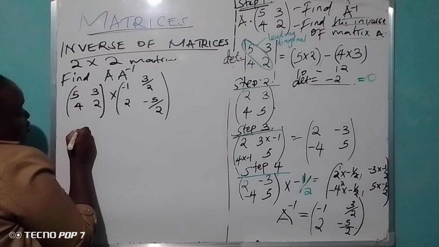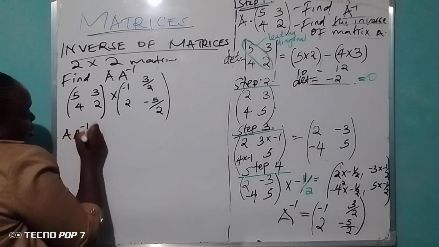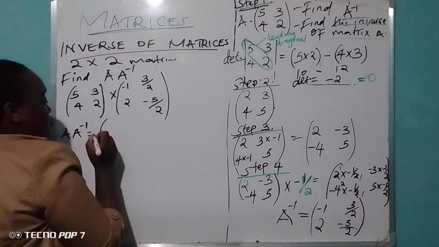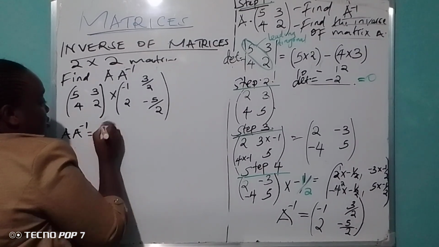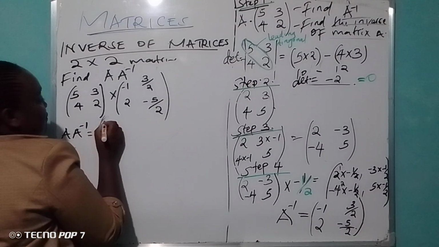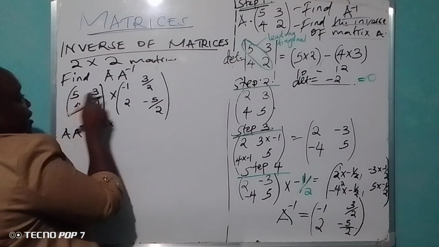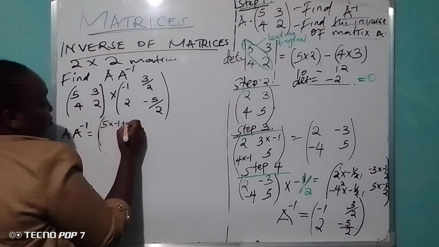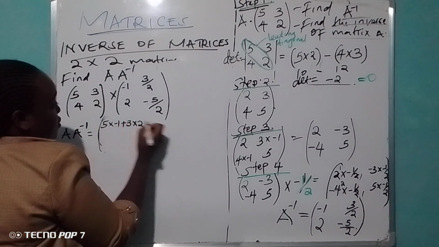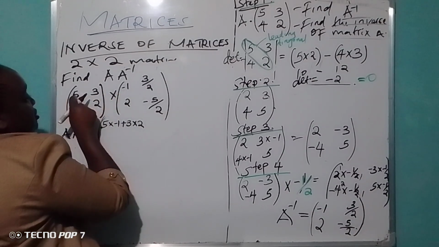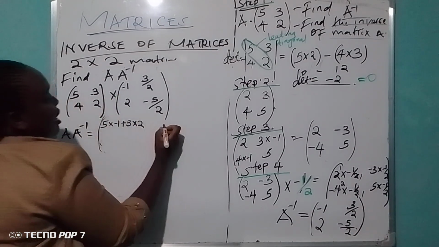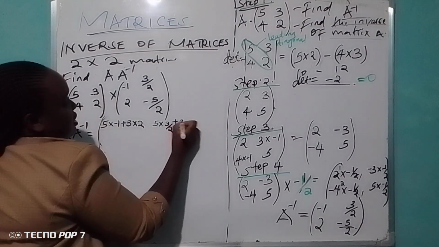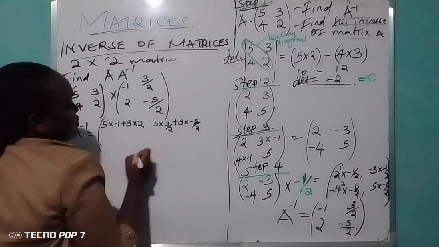So we start as so. I'm using a big space, my handwriting is very big. So it's 5 times -1 plus 3 times 2, then 5 times 3 over 2 plus 3 times -5 over 2.